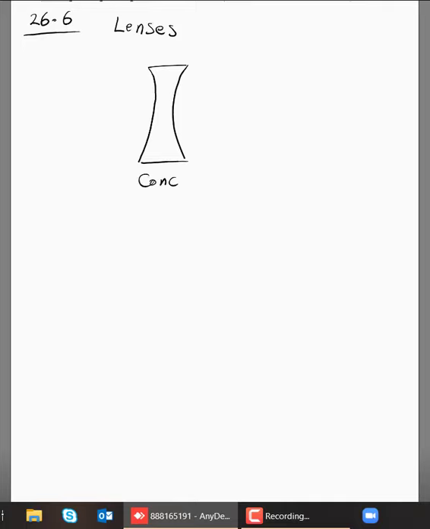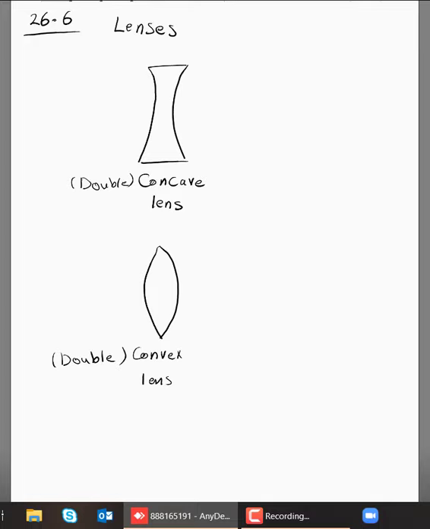So this is a concave lens, or to be more exact, a double concave lens, and the other one is having this shape. This is like the typical opinion that people have of a lens, and this is called a convex lens, to be more accurate, a double convex lens.